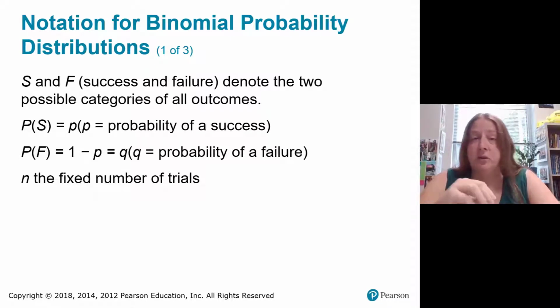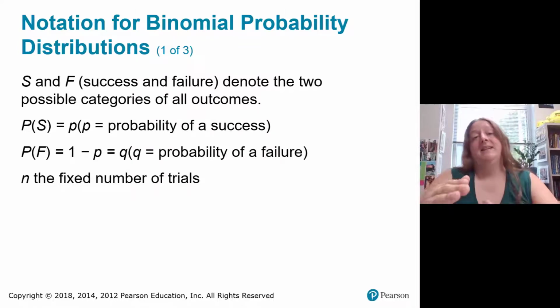So whenever we see a lowercase p with binomial probability distributions, we'll think that's the probability of success. The probability of a failure is going to be 1 minus p, which we're going to define to be a lowercase q. So whenever we see a lowercase q with binomial probability distributions, we'll be thinking probability of a failure. And finally, we'll be using n for the fixed number of trials.